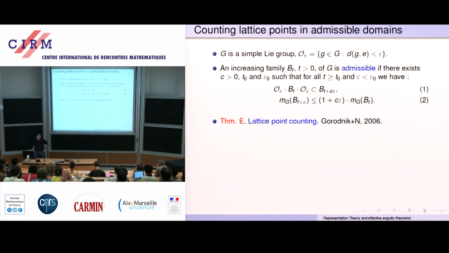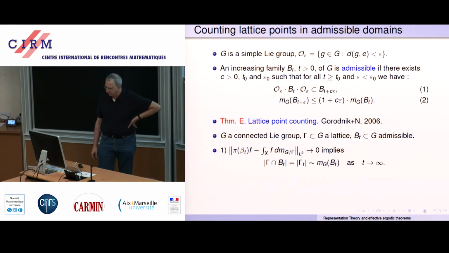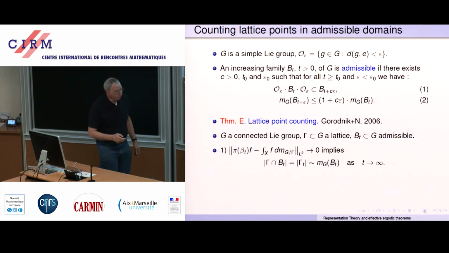And the lattice point counting result that we had last time is as follows. G is a connected Lie group. Yeah, I guess simple is not necessary there. Gamma is a lattice, B_T are admissible, and we have two parts to the result.